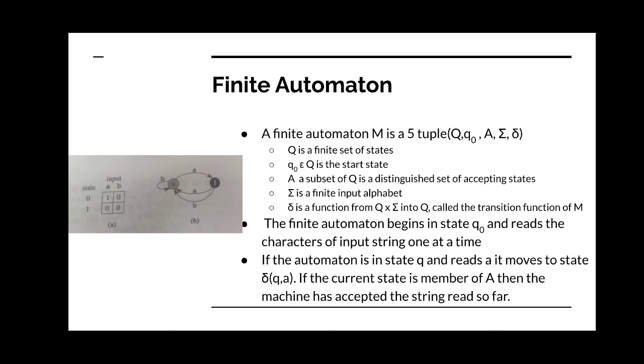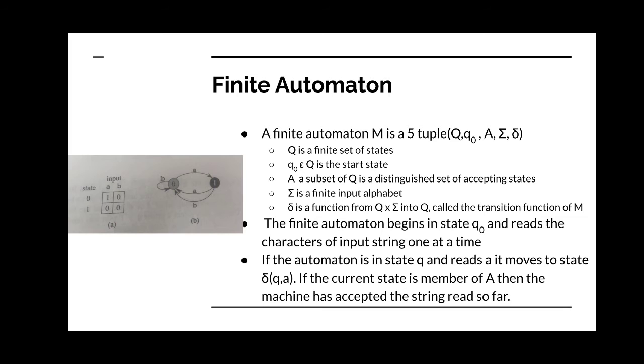Basically, it presents a simple finite automaton. It has two states, 0 and 1, and the alphabet for this finite state machine is a and b only. The initial state is 0 and the accepting state is 1, and there are only two states, 0 and 1. If it is in the initial state and it reads the alphabet a, it goes to state 1.